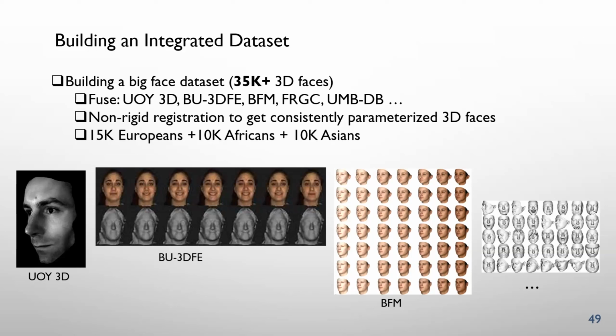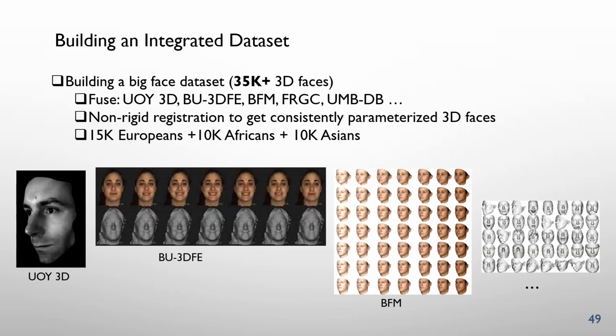But different databases have different sampling resolution and tessellations. So we register all these faces and fuse them together to build a consistently sampled face data set. Basically, we need 3D faces because we want to retrain the decoder, so it covers different types of people from different ancestries.